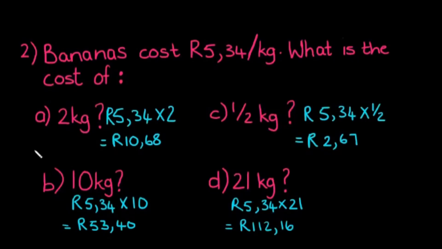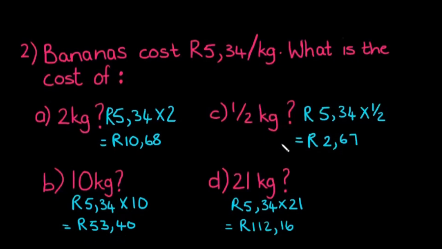Welcome back. Here are the answers. For 2 kilograms, the price has doubled, so we had to times that answer by 2, giving us 10 Rand 68 cents for the 2 kilograms. Over here, it's increased by 10 kilograms, so our answer will be 53 Rand 40 cents.